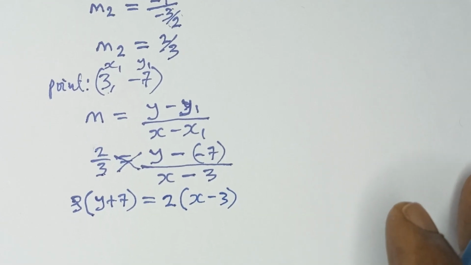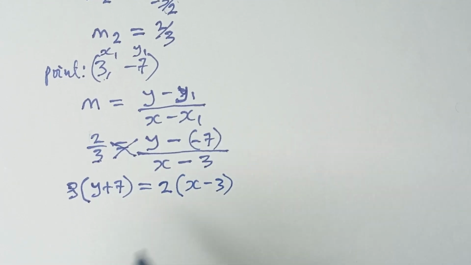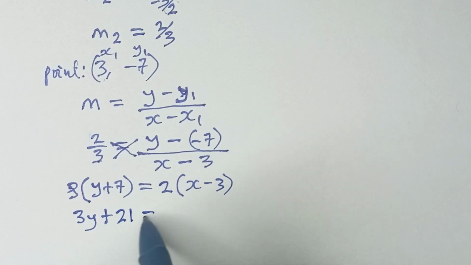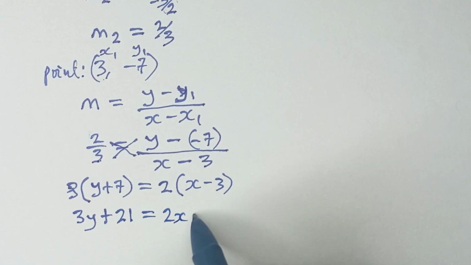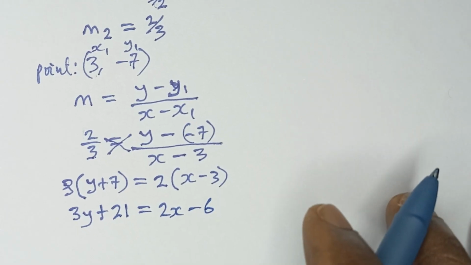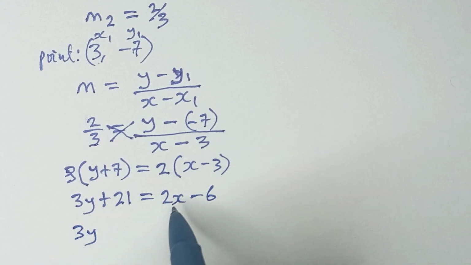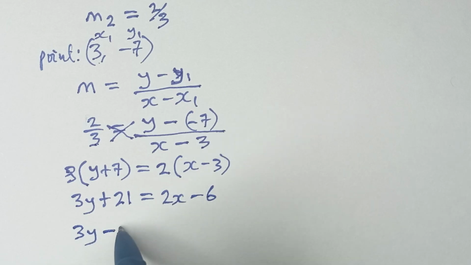So if I expand my bracket now, what do I have next? 3 multiplied by y is 3y. 3 multiplied by 7 is 21. And that will be equal to 2 multiplied by x is 2x. 2 multiplied by -3 is -6. So if I collect like terms now, I can decide to leave this 3y here, and then bring positive 2x to this side, becomes -2x.